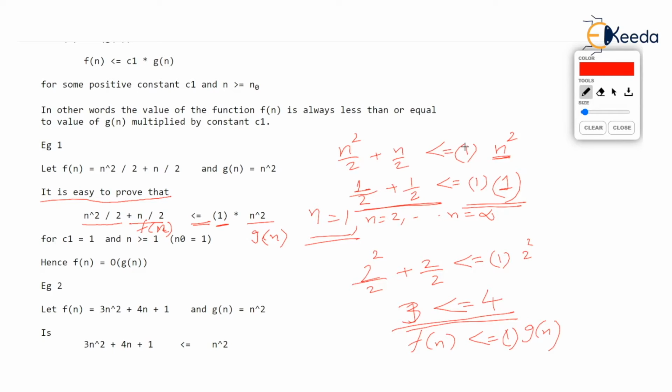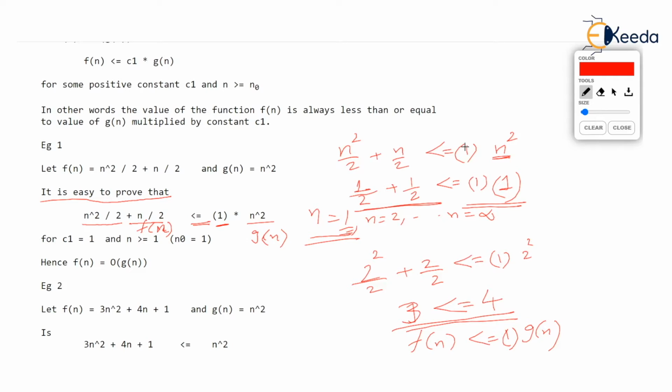But I usually specify this particular Fn is equal to O of Gn for positive values of n, because in our literature, when we work with algorithms, this n is usually data size. Like n is size of the array, n is size of matrix. Then to say something is true for n greater than or equal to 0 is very funny, isn't it? You don't have data size of 0.